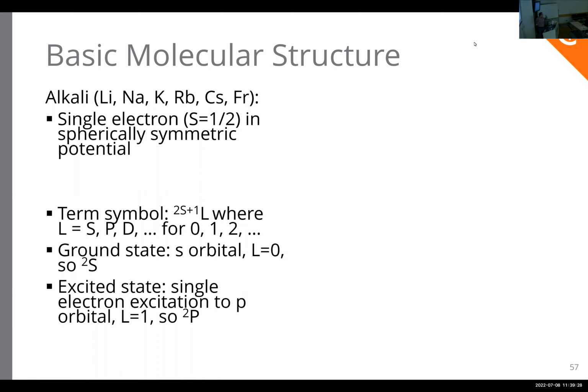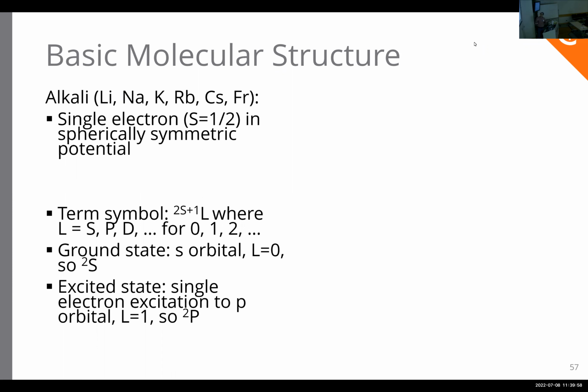So the good quantum numbers are the spin and the orbital angular momentum, L. For historical reasons, you write this as a superscript of 2S plus 1, basically how many spin projections there are. And for L, you write the orbital angular momentum using letters: S, then P, then D, to mean 0, 1, 2.